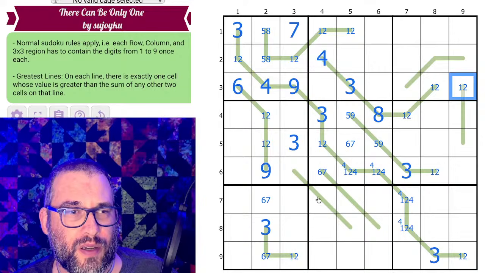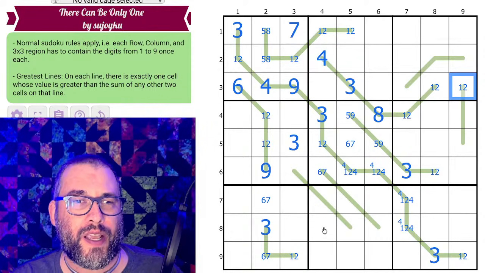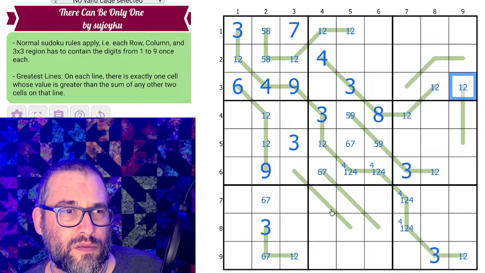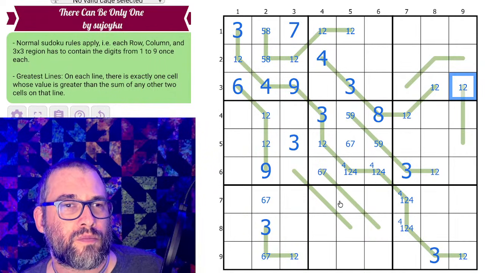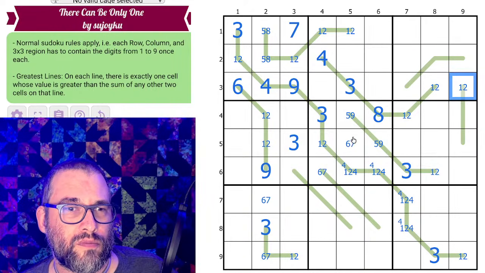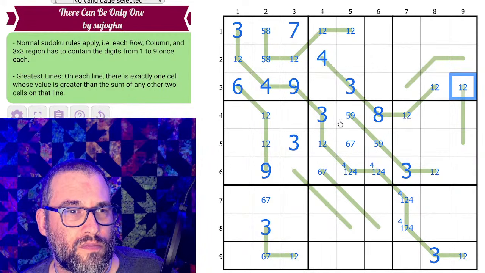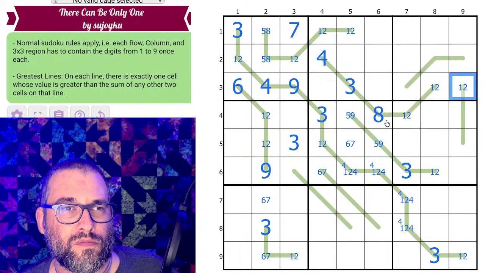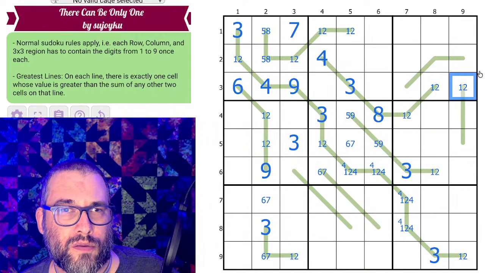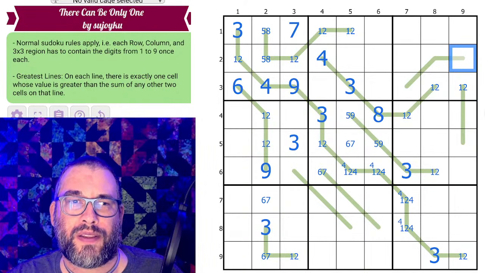We're just missing a couple of 1, 2s in boxes 7 and 8. 3 is placed here.